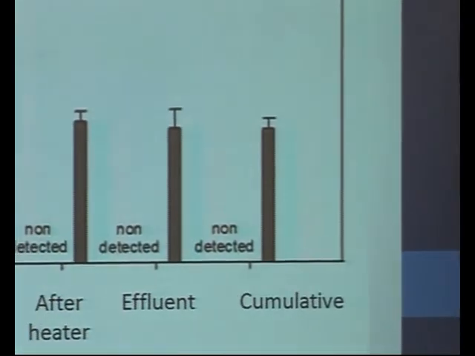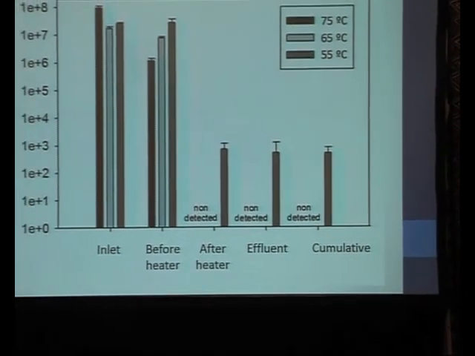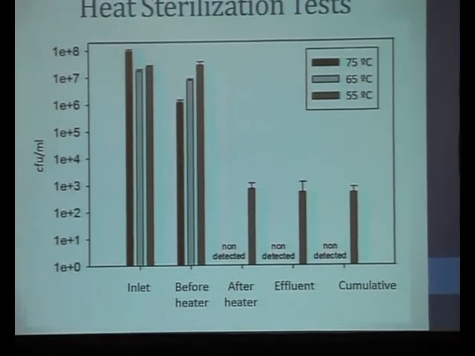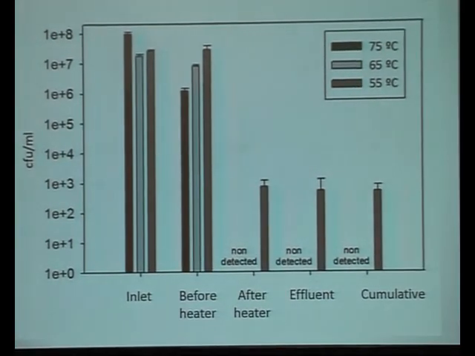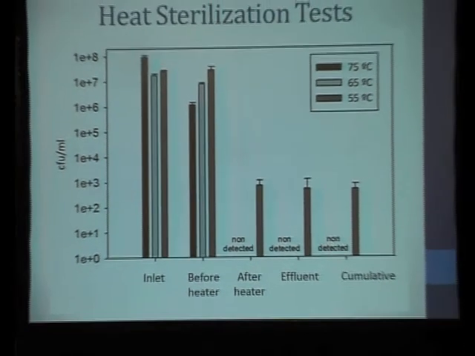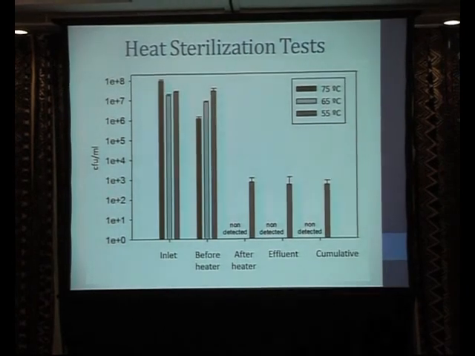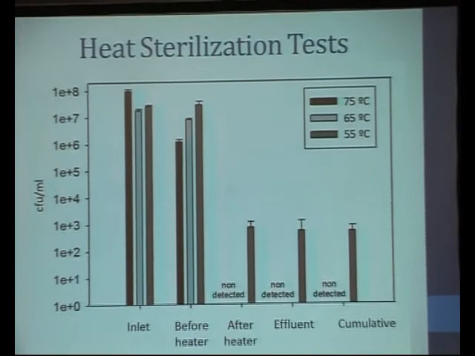These are some numbers, some bacterial counts from E. coli in the inlet, before the heater, so that's after it has passed the heat exchanger, for 3 different scenarios in terms of temperature in the heater. And you can see that at the highest temperature, we do get a significant deactivation in the heat exchanger already.